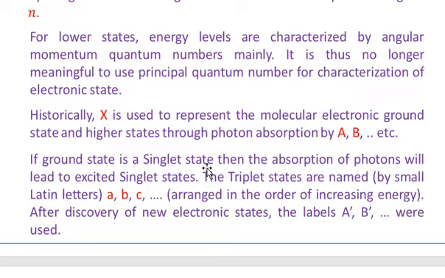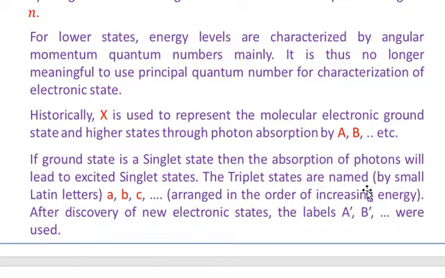If the ground state is a singlet state in a molecule, then absorption of photons will lead to excited singlet states. That is, if the ground state is a singlet, the excited states reached with the absorption of photons will also be singlet states.